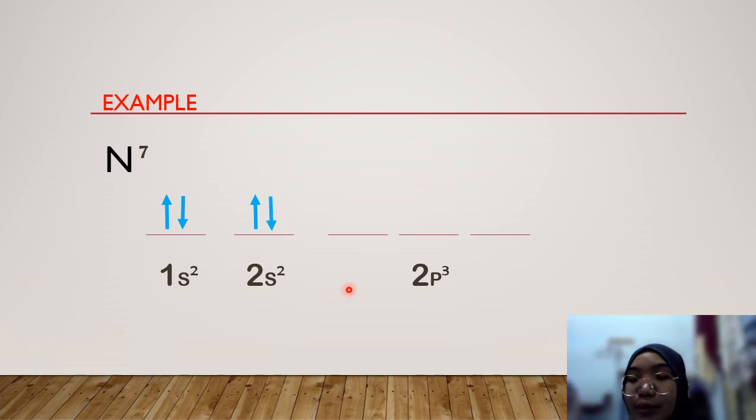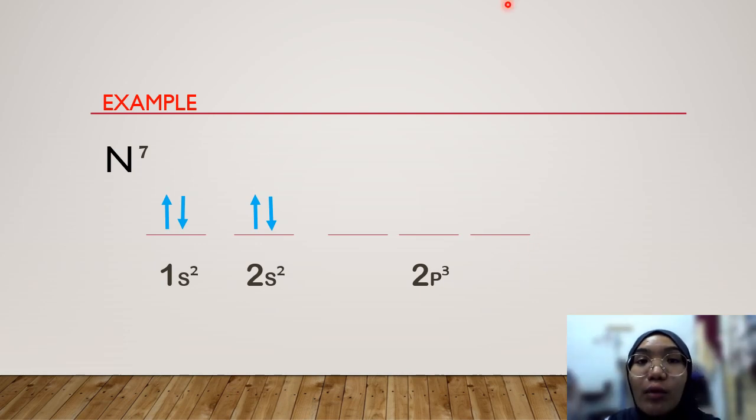Now once we get to the 2p orbitals, each of these orbitals has the same energy. As a result, they are known as degenerate orbitals. Now, when we fill in degenerate orbitals, you need to fill them up one at a time with parallel spins.